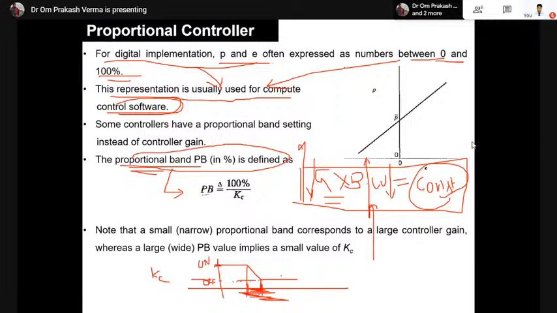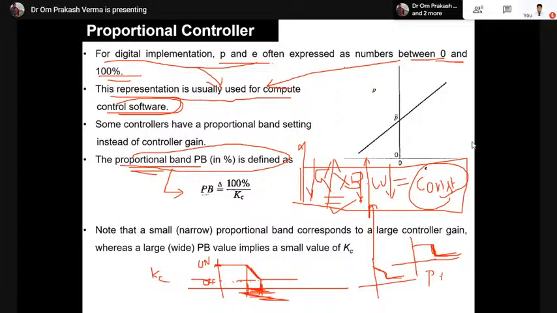So as the gain increases, the bandwidth will decrease, from this formula. Bandwidth decreasing means the slope will decrease, and at last this line becomes vertical, perpendicular. At which condition?